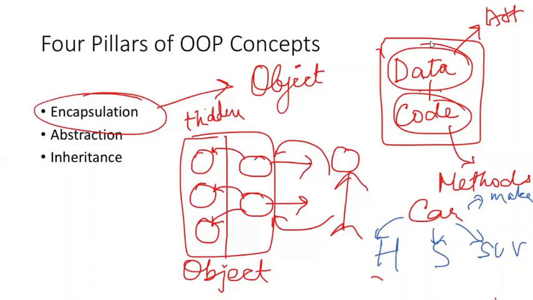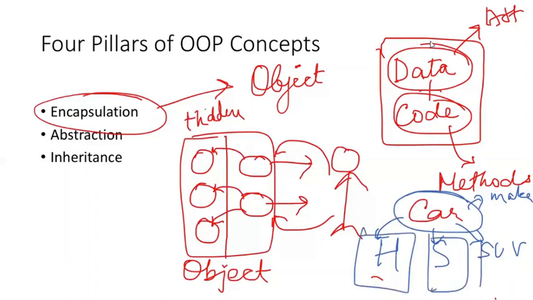So instead of repeating whatever is common in a car every time in each of these, we may have something like an inheritance where the hatchback, the sedan, and the SUV inherit from the car.